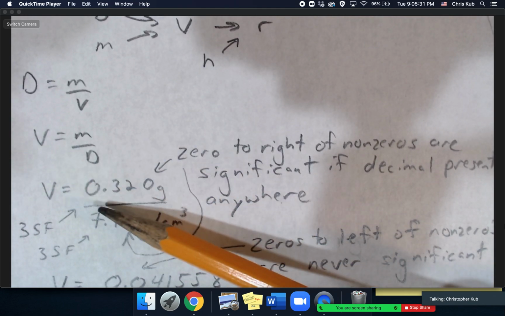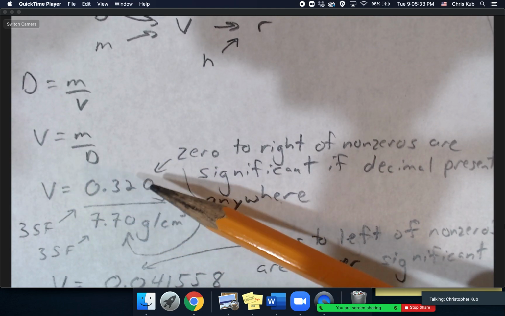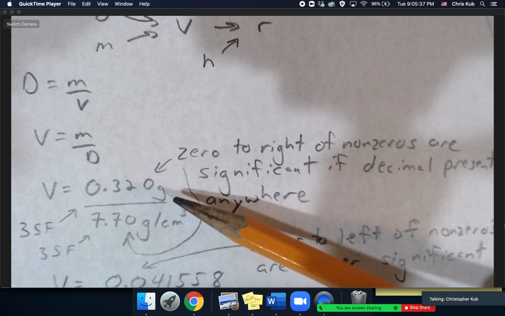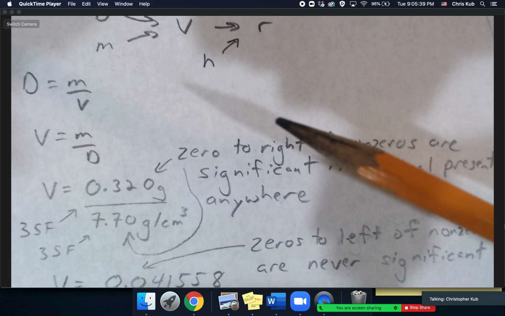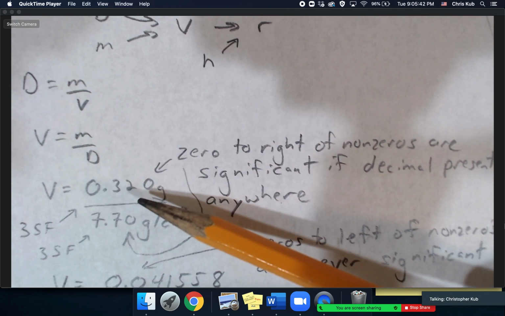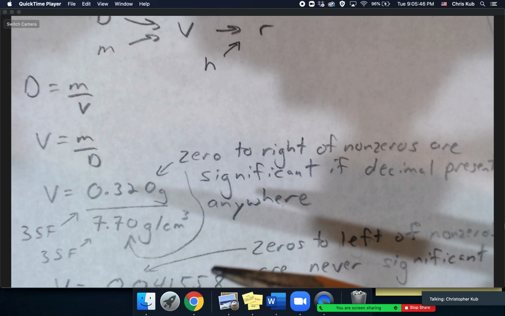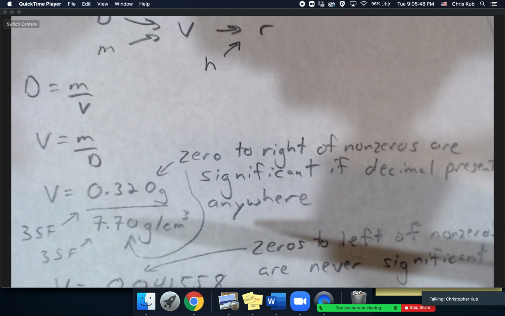We know the mass is 0.320 grams. I know the scale read 0.320 grams. I should not write 0.32. That would mean that I don't know the mass of this very precisely. If I wrote 0.32, I would be implying that that 2 is estimated if it were my last digit.